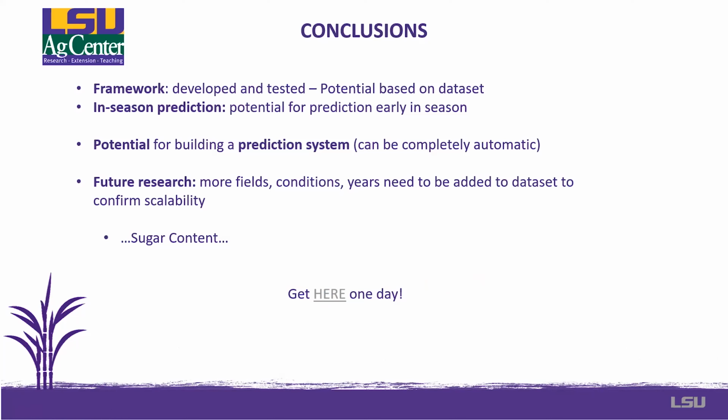This is something that we could get at one point, in which the farmer or the consultant could have their field in a system, and say, okay, let's see my yield and compare it to the prediction that we made in June for this field, and be able to check that every time through the season and use this information for management purposes.